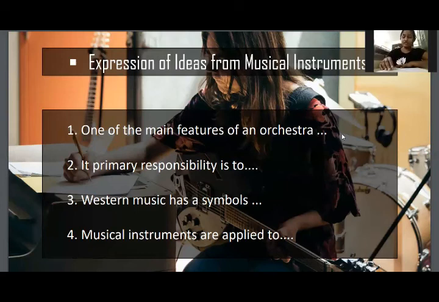It is a task belonging to the music composer, who manipulates the symbols and uses musical instruments to evoke the ideas and emotions of the theme. This is our presentation and the end of the presentation. Thank you.